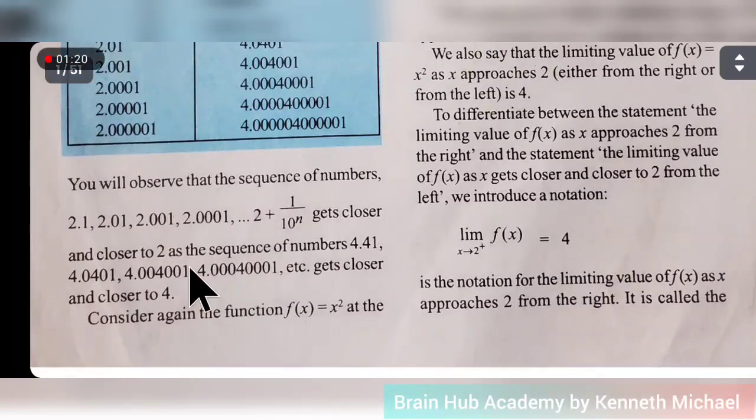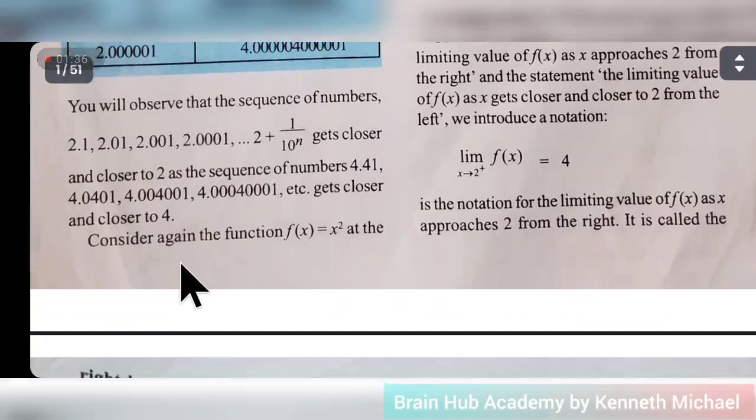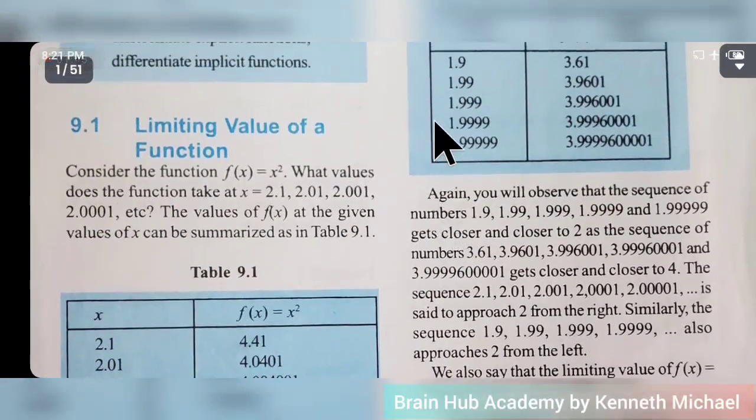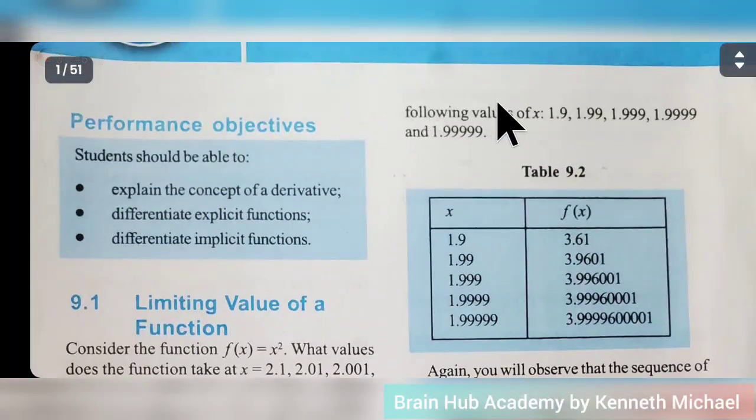And so if that is the case, as the sequence of numbers 4.41, this and this, etc. get closer to 4. So if you continue to square these numbers, all these values will get closer to 4. All right, so consider again the function f of s equals s squared at the following values of x.